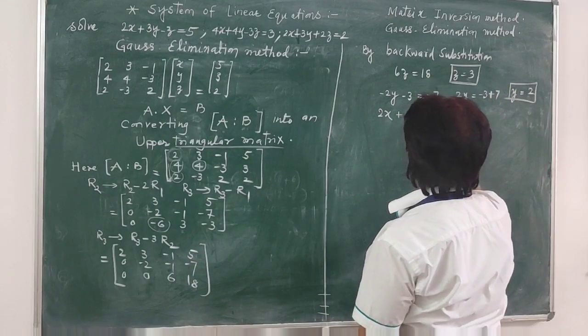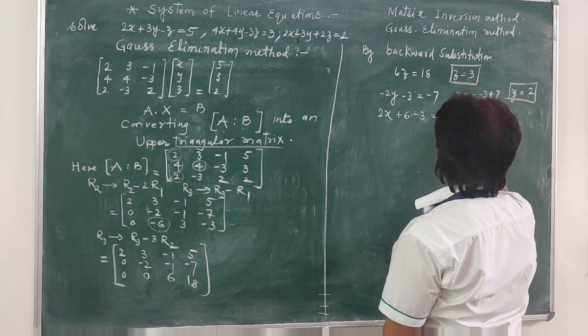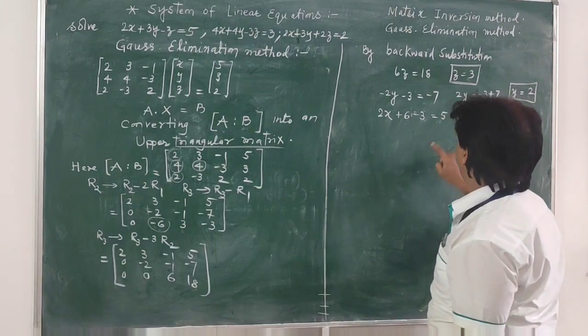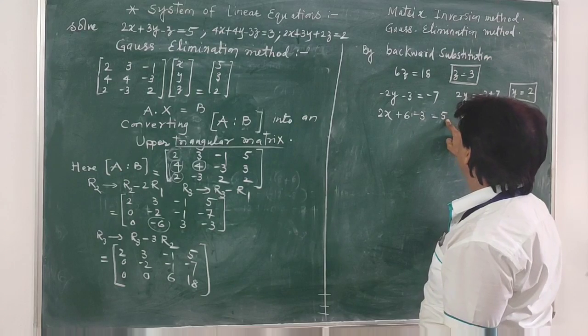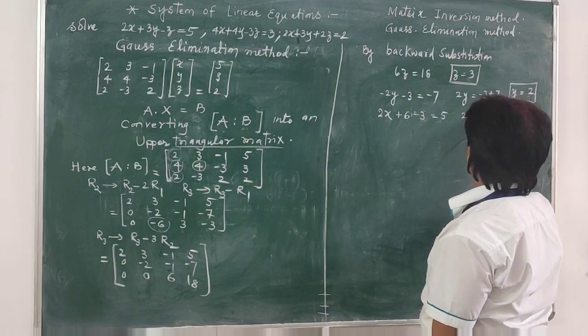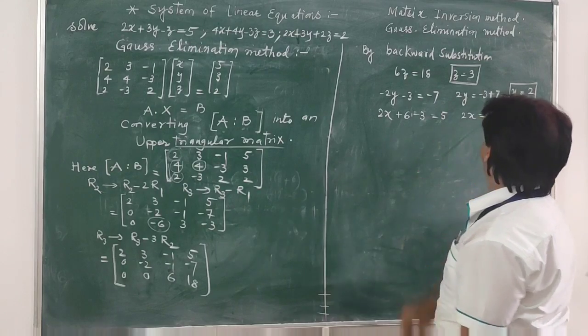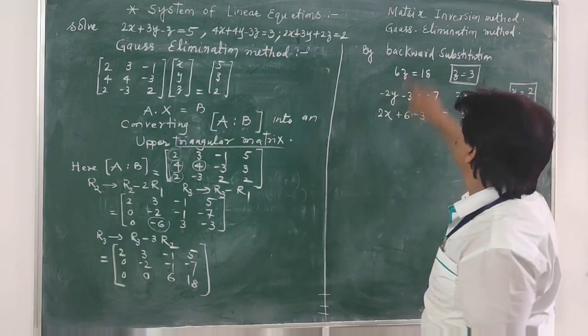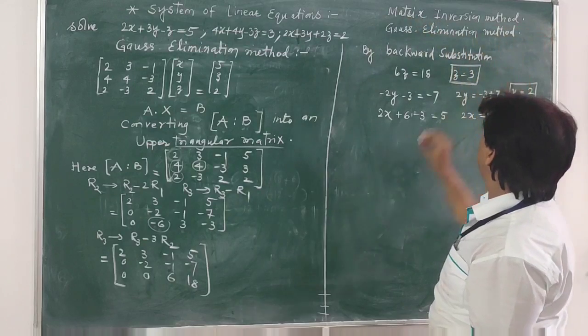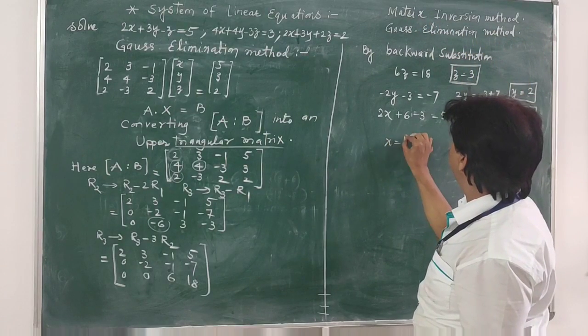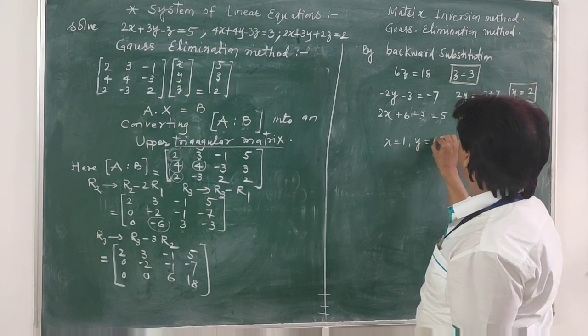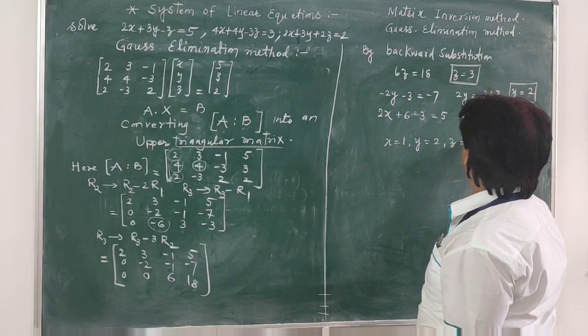Therefore 2x is equal to 5 plus 3, 8 minus 6 is 2. So x is equal to 1. The same solution we have already obtained in the Gauss matrix inversion method. So yes, x is equal to 1, y is equal to 2, and z is equal to 3.